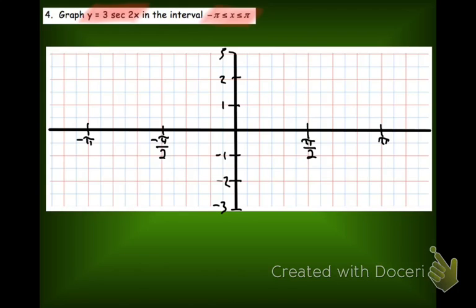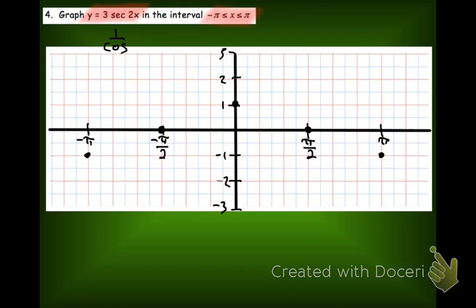So, the initial function being secant means that we're looking at 1 over cosine. So, cosine starts at 1, goes to 0, and down to negative 1. And then it does the same thing in the opposite direction. So I'm not going to draw that in. That would be your initial cosine graph.